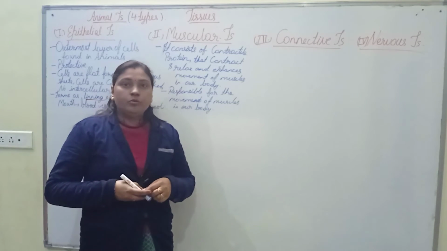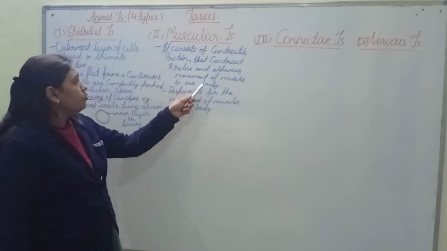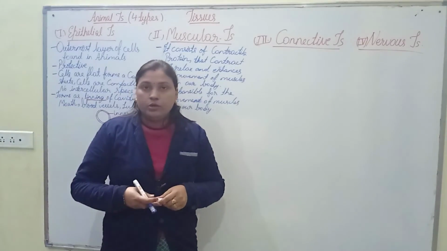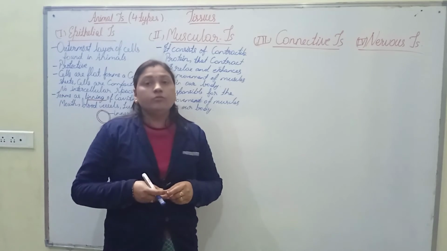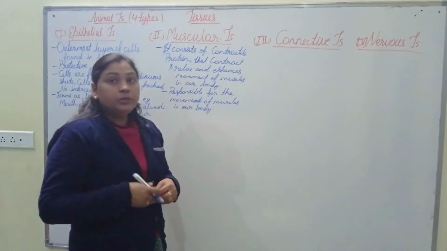These contractile proteins contract and relax and enhance the movement of muscles in our body. And these muscular tissues are of three types that we will discuss in the upcoming sessions.